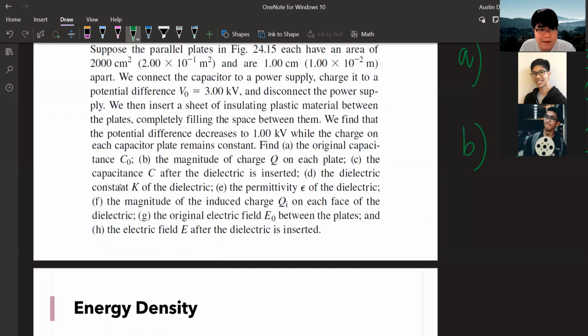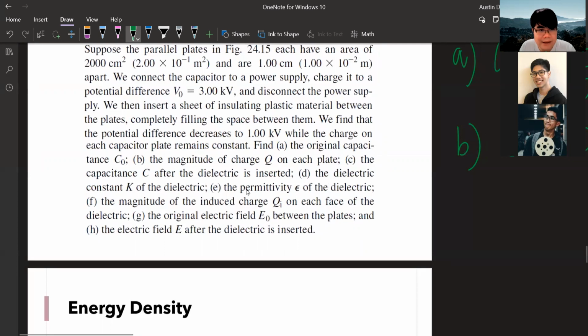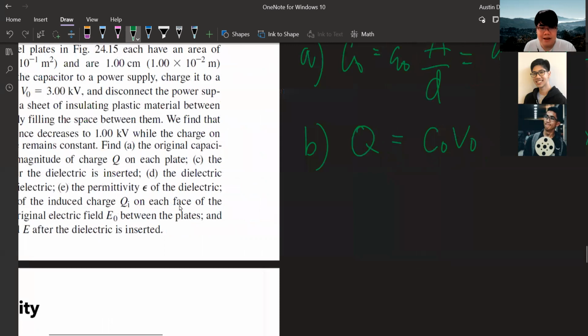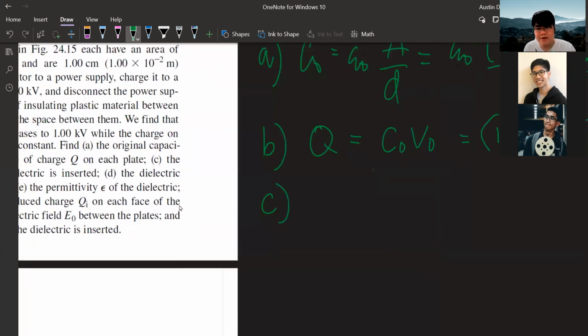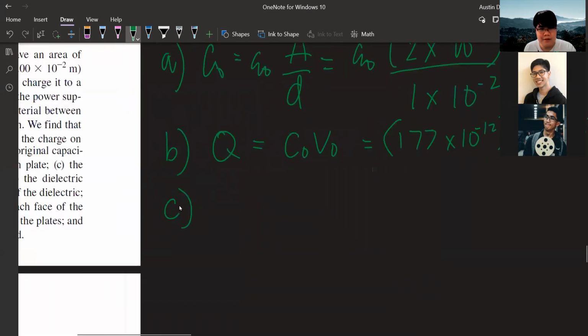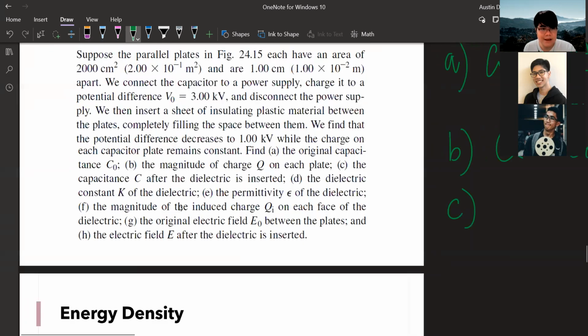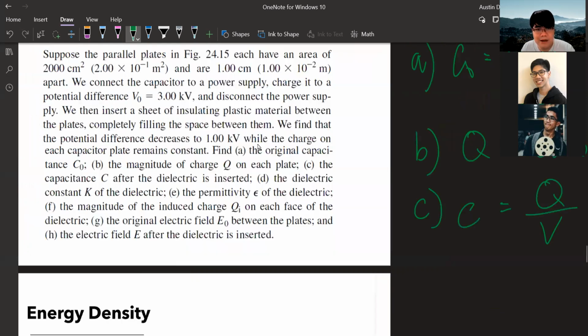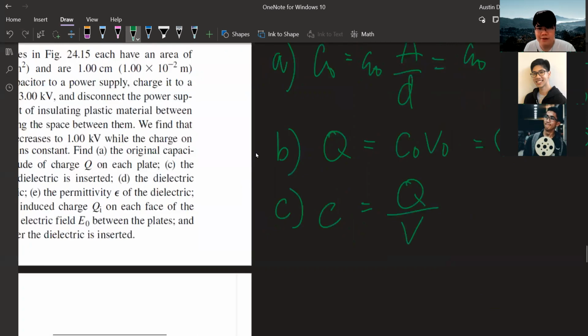Next would be letter C. So the capacitance after the dielectric is inserted. Sabi kasi kanina, charge remains constant. So Q is still this letter B. Ang tinatanong na lang would be the new capacitance. So that will be C. C na lang siya. Q over V. Yung V mo dito, gagamitin mo would be the given na bagong potential difference.